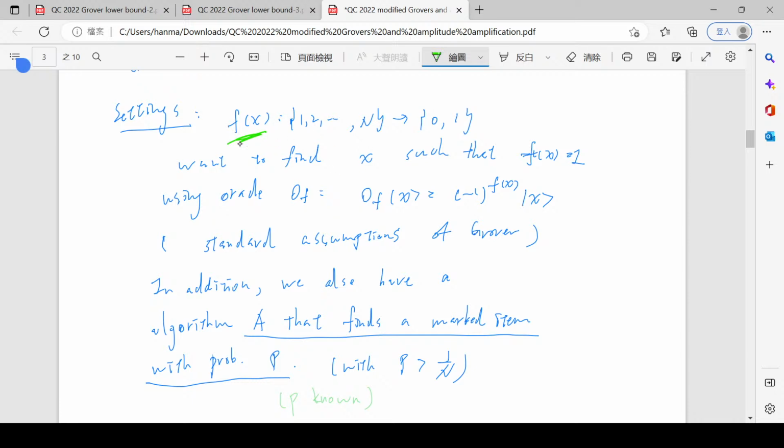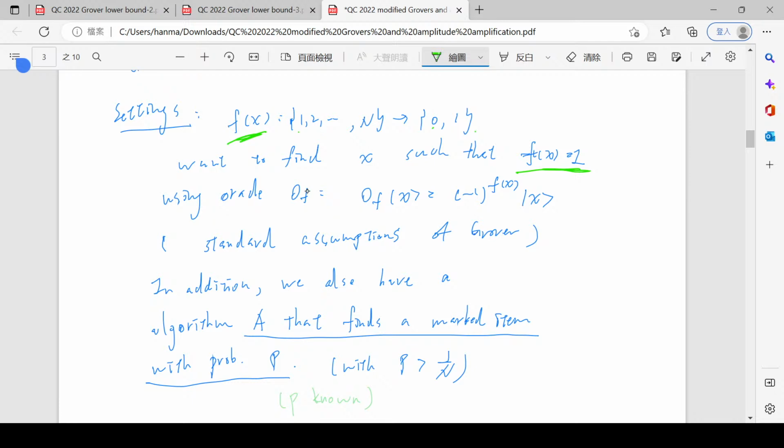Okay? So we still have this small f that has input 1 to n, and f of x can be 0 or 1, and we want to find a marked item, so some x such that f of x equals 1.